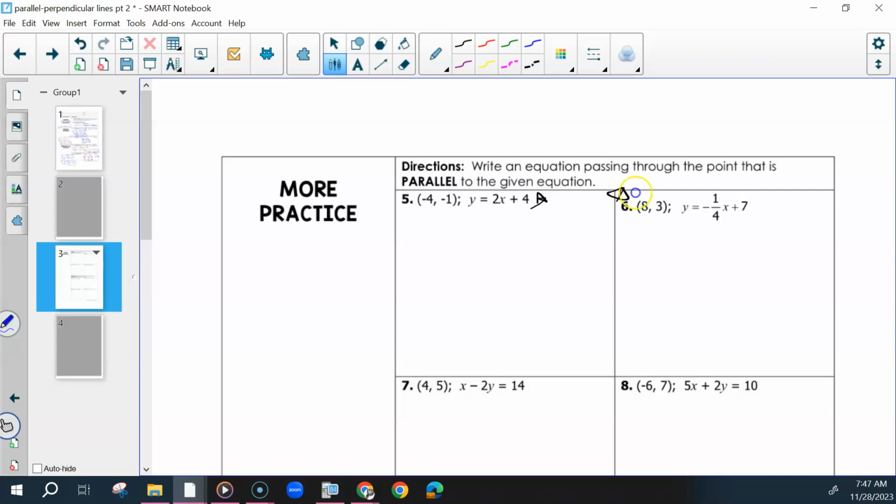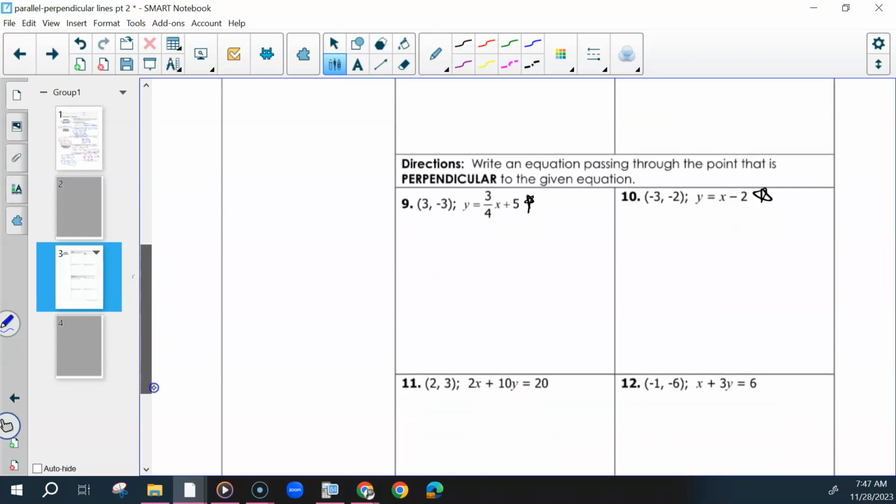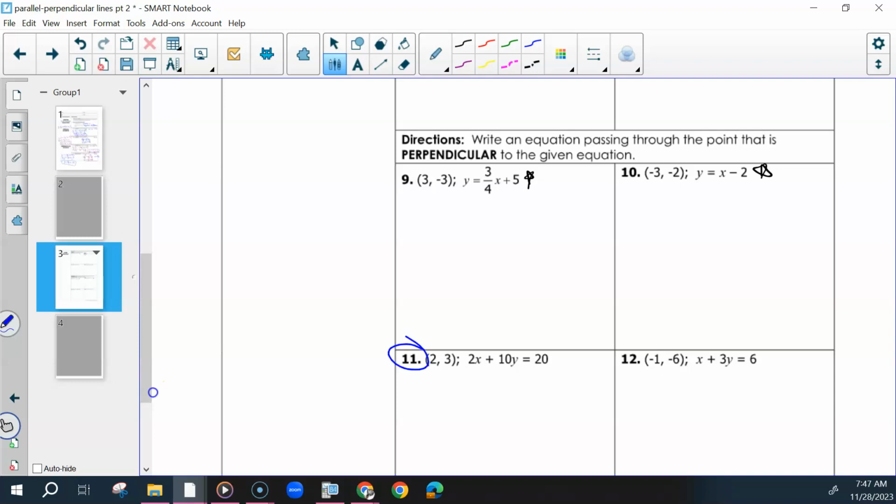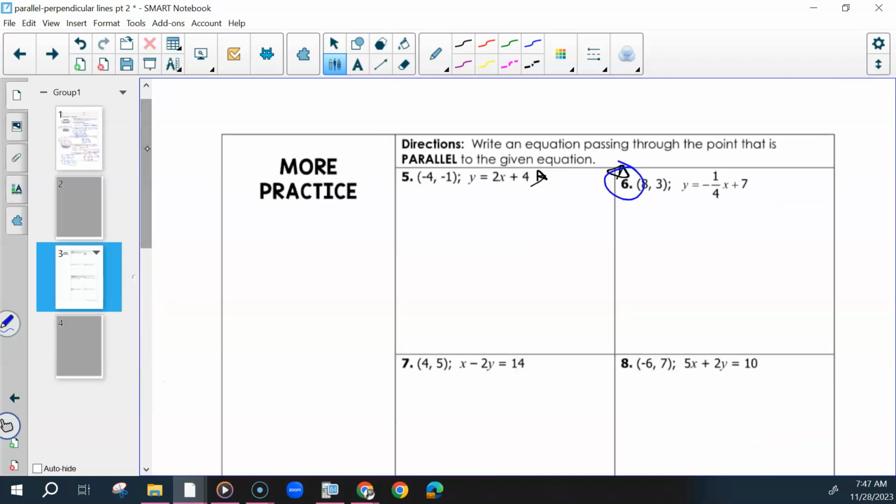I'm going to choose 2 of them, 6 and 11, and we'll do those 2 in Desmos. Everyone go grab an iPad.